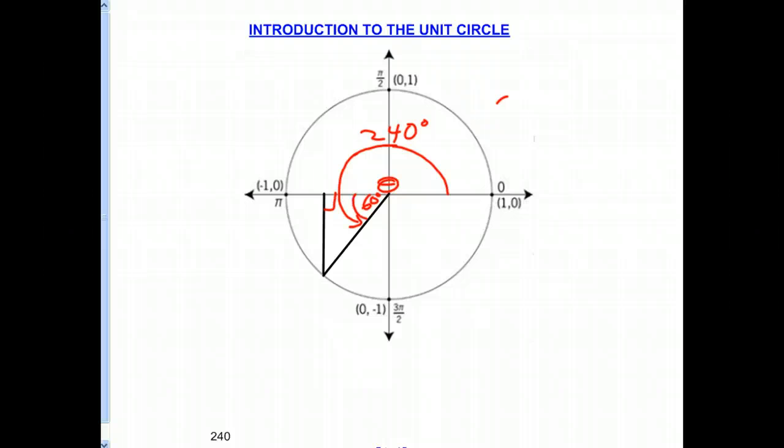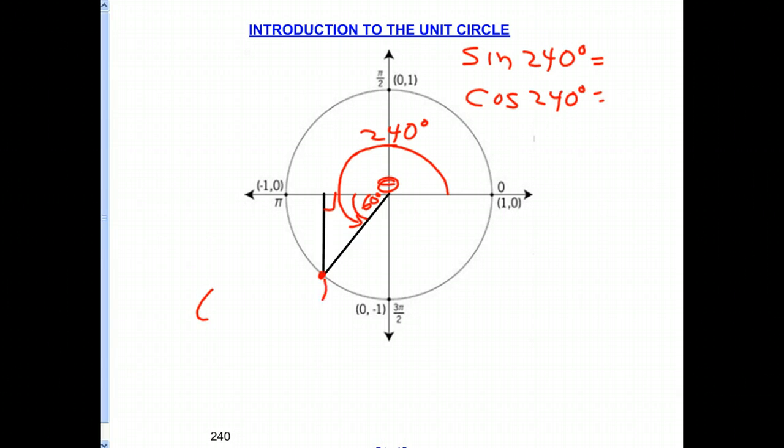So in order to find the sine of 240 degrees and to find the cosine of 240 degrees, we need to find the coordinates of this point, because we know that the coordinates of that point are simply the cosine of theta, which is cosine of 240, and the sine of 240.